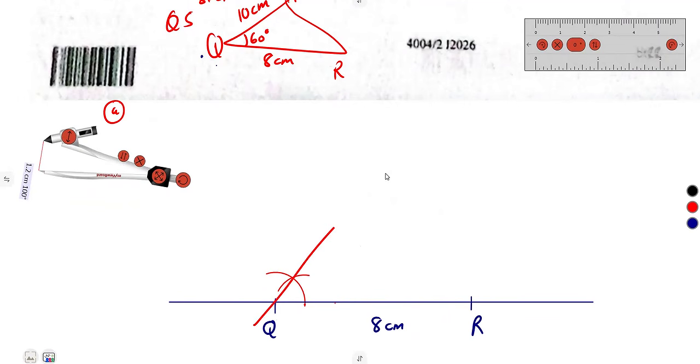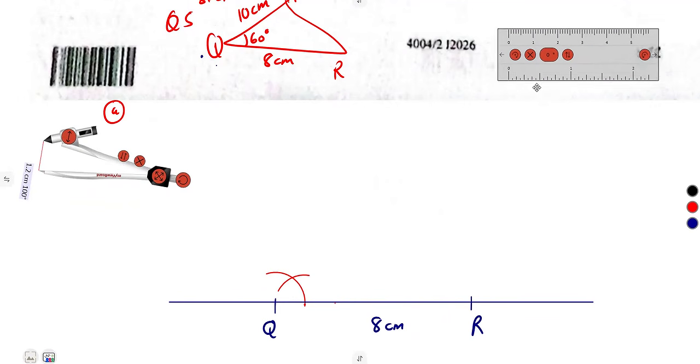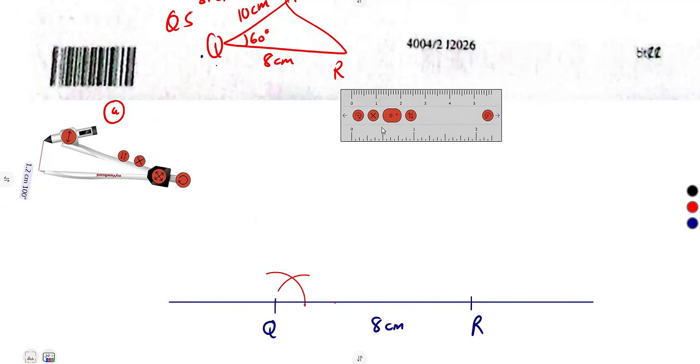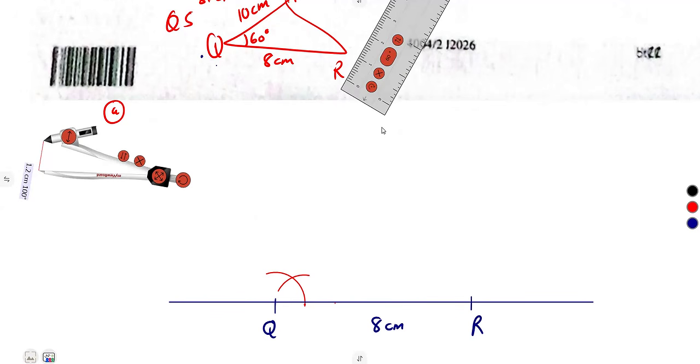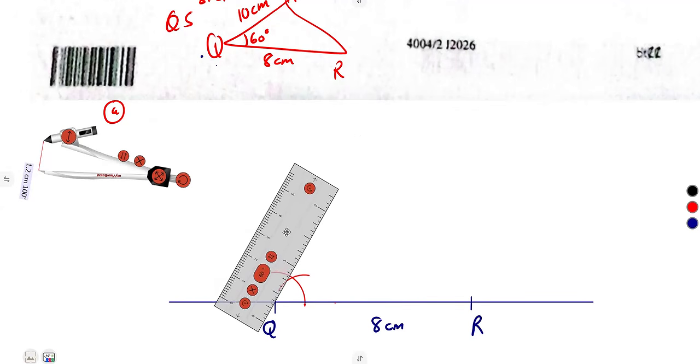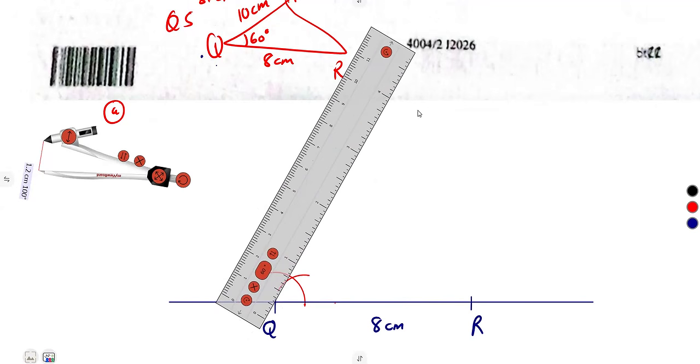The angle that you're going to have here is going to be 60 degrees from point Q, joining those two arcs. So you're going to have something like this, because of those constructions.